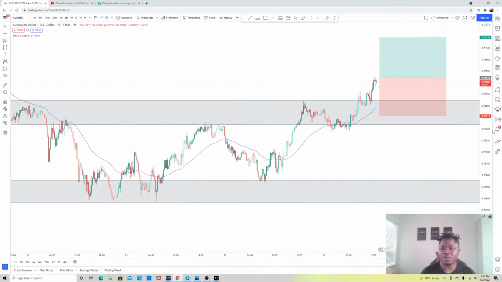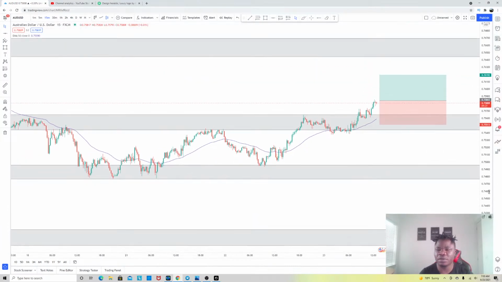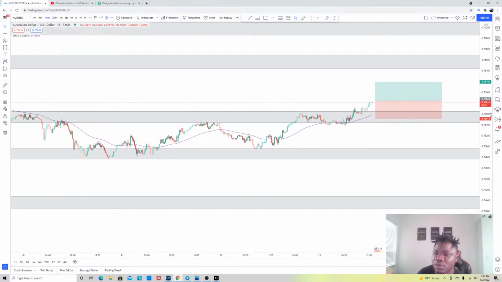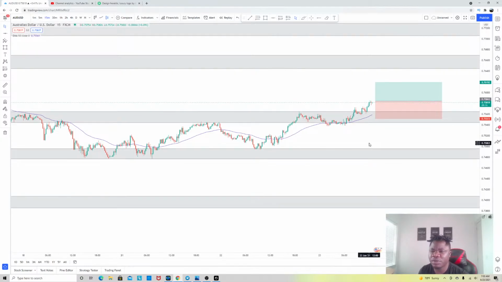We're still in a drawdown for AUD USD currently, but the majority of the time, when GBP USD is going up, AUD USD definitely should be going up as well.